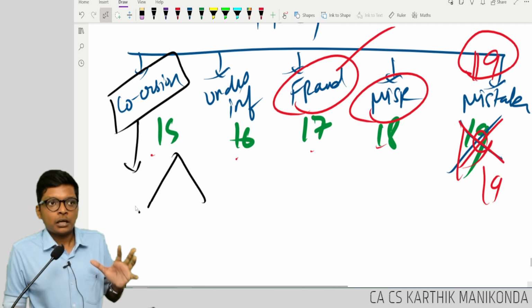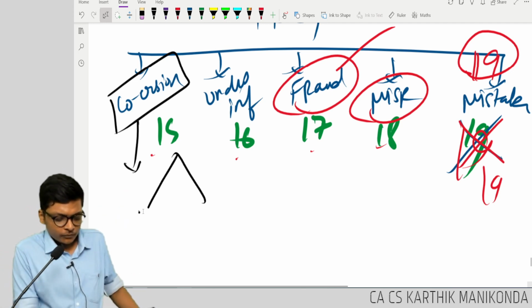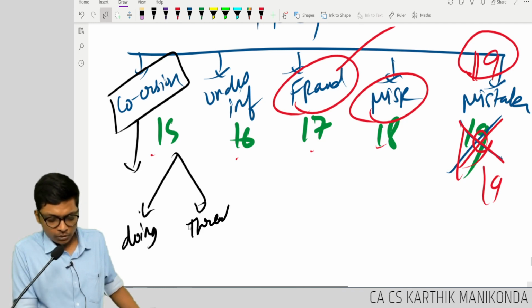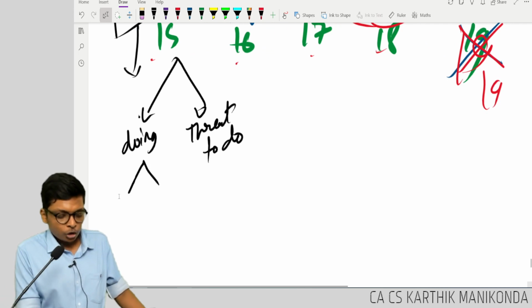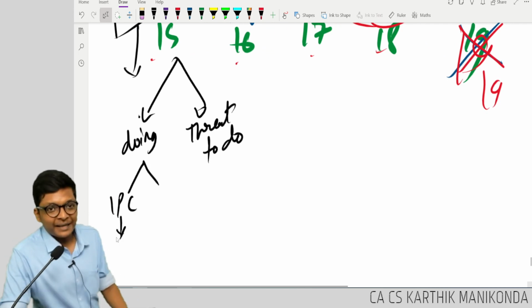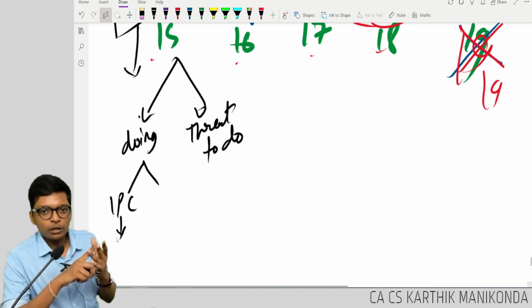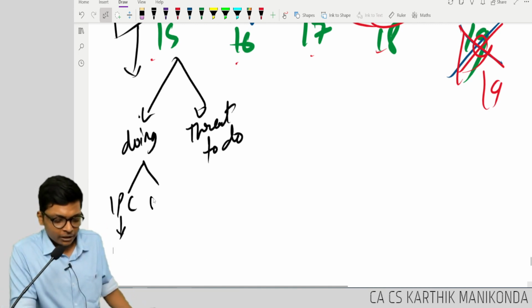That means it's very simple. I am doing something or threatening to do what? Doing an act prohibited by the Indian Penal Code. What is prohibited by the Indian Penal Code? Kidnap, murder, all of that. Or I am doing what? Detaining property.